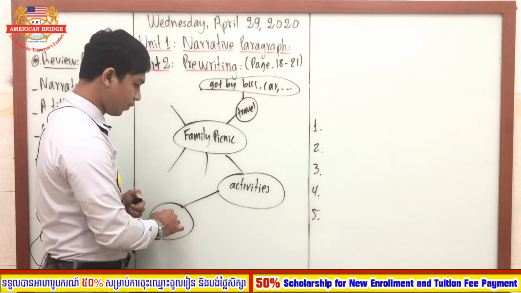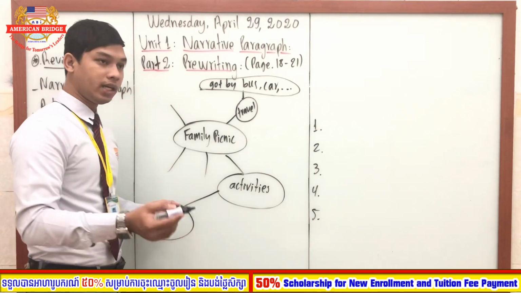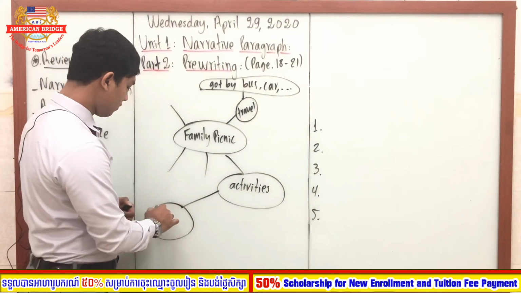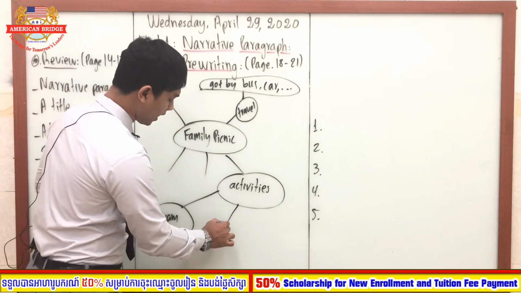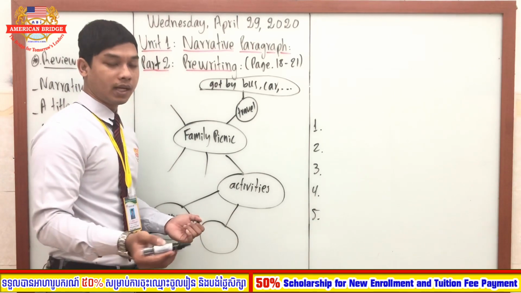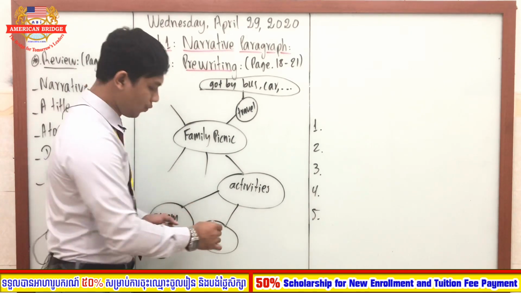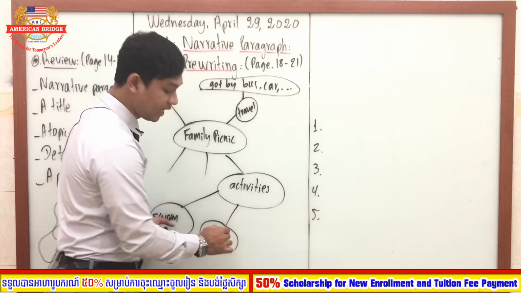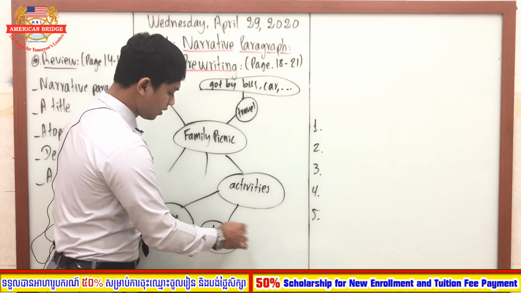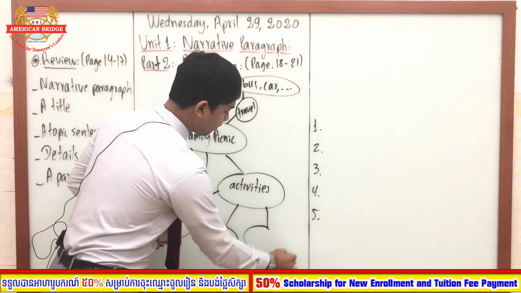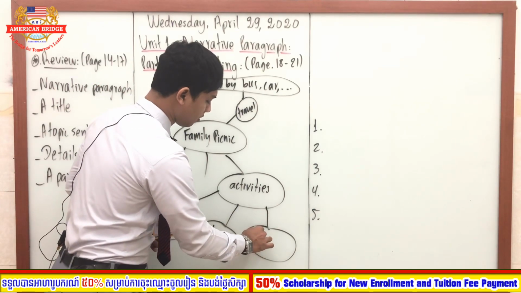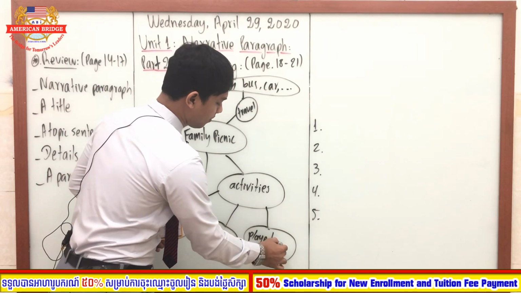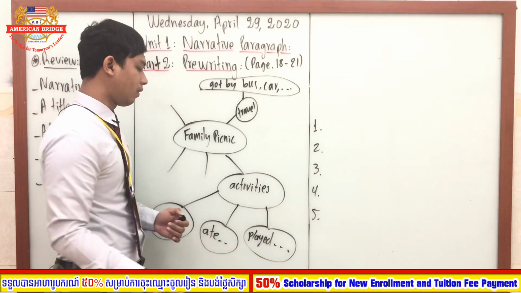For example, you went to the scenic wheel, right? So for example, like you swam. What else can you do? For example, you ate some seafood, right? So you just write like that. What else? You play on the beach, for example. You eat some seafood, you play on the beach.